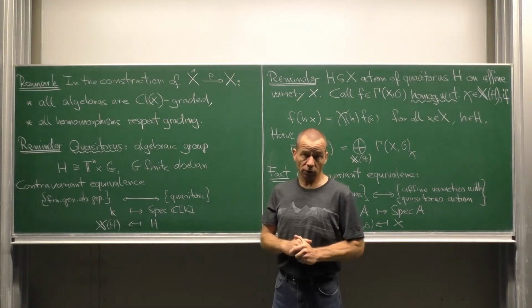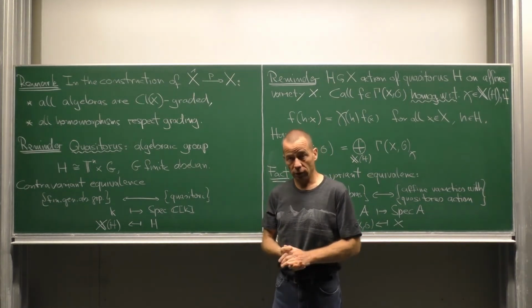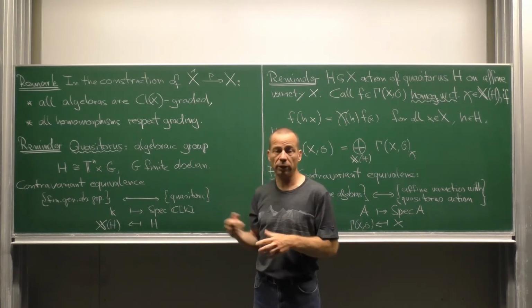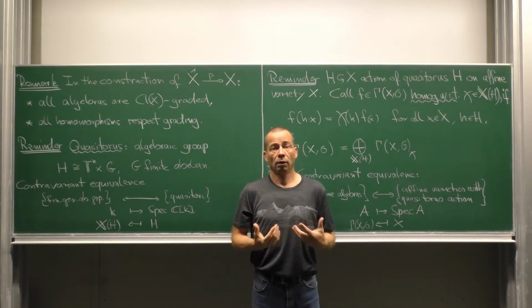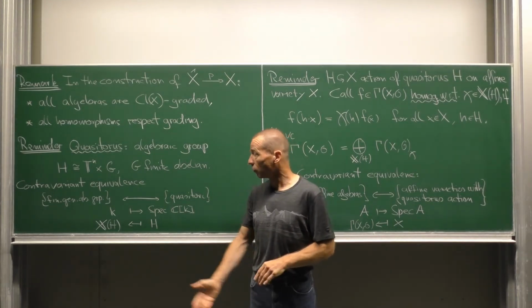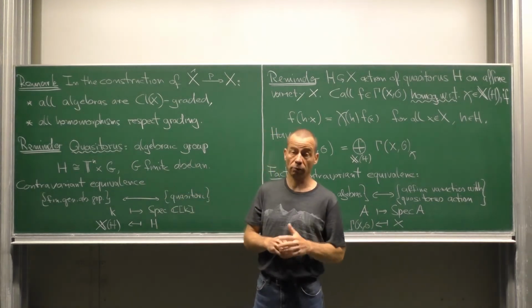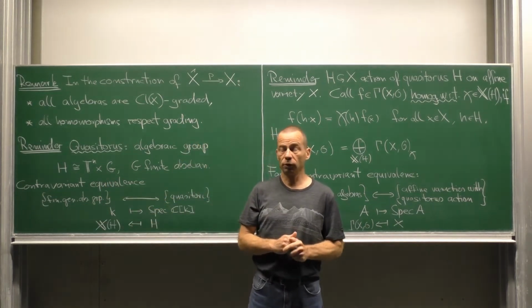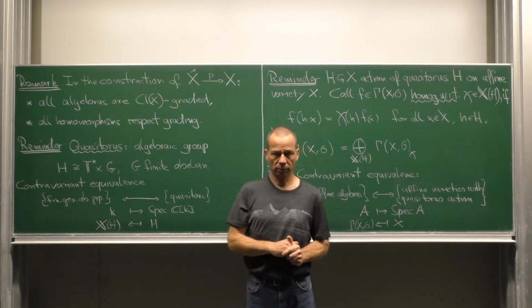A quasi-torus is an algebraic group which is the direct product of a torus and a finite abelian group. These quasi-tori can be described very explicitly. We have a contravariant equivalence between finitely generated abelian groups and the quasi-tori.